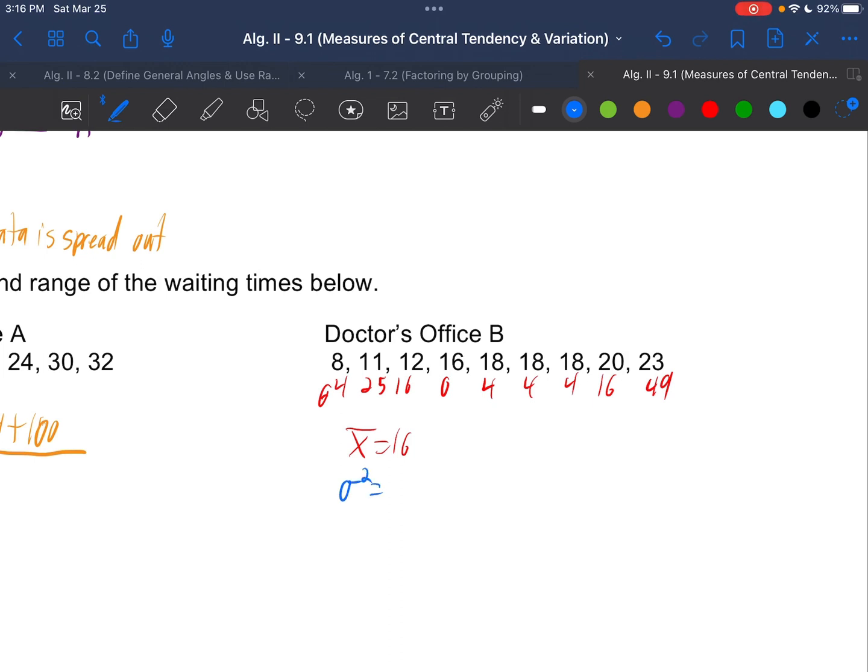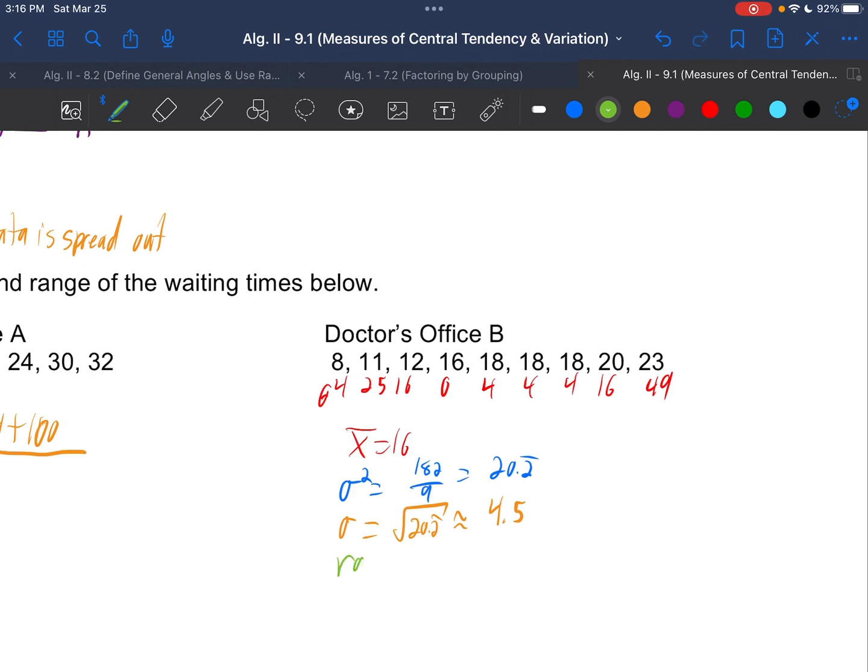So the variance would be 182, all of these numbers added together, divided by 9, which would be 20.2 repeating. Now the standard deviation would be the square root of 20.2 repeating, which is approximately 4.5.